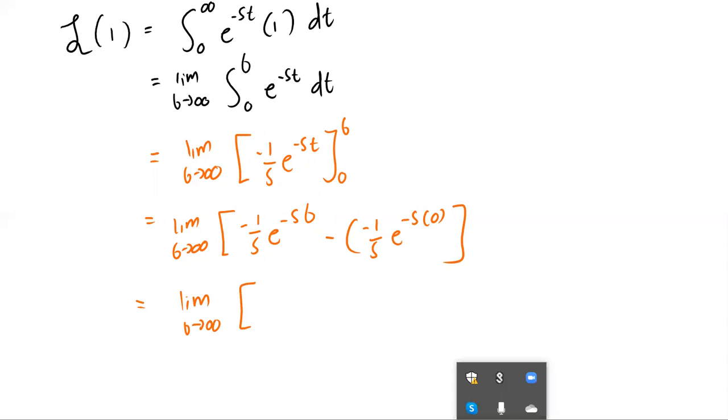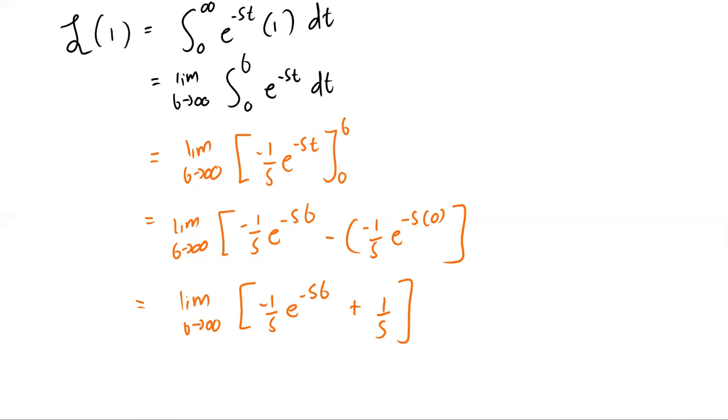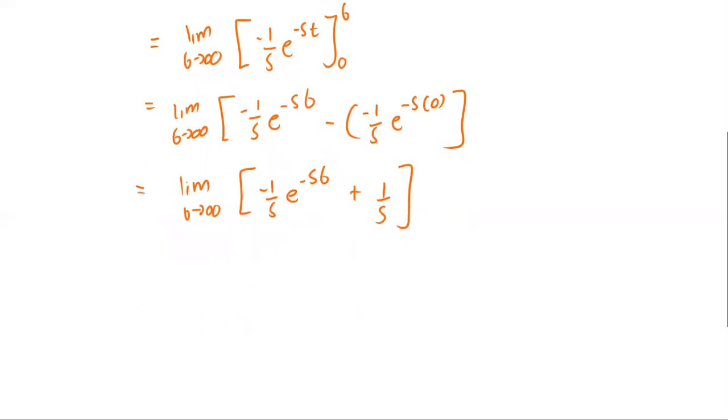So we get negative 1 over s, e to the negative sb, minus and minus becomes plus, so plus 1 over s times e to the negative s times 0. Any number times 0 is just 0. E to the 0 is 1. Now let's evaluate the limit.